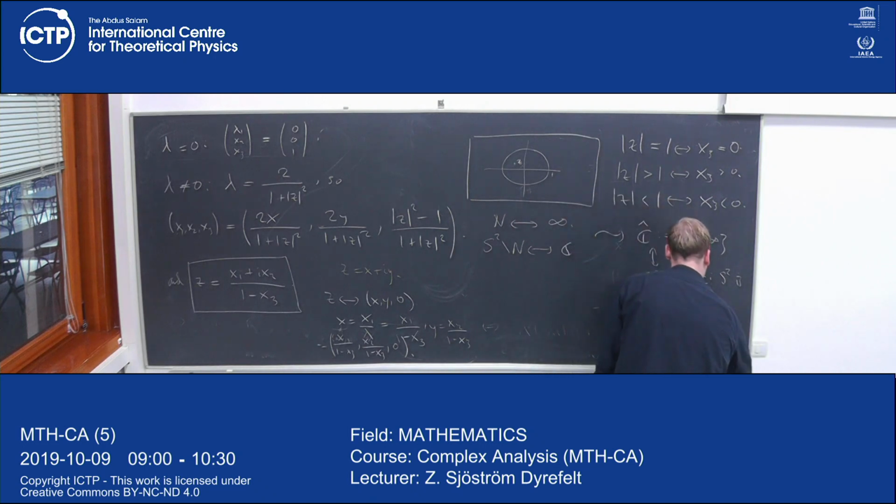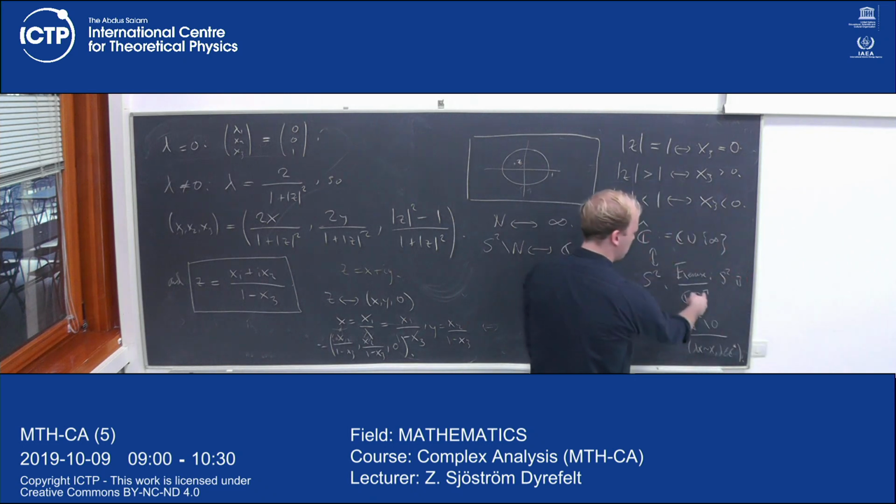You know what this is. This is C2 minus 0, where you identify x with lambda x for lambda in C star. So this is a complex manifold, a simple one. Projective manifolds are very important, so this is one of the most used examples. And this is actually a sphere.